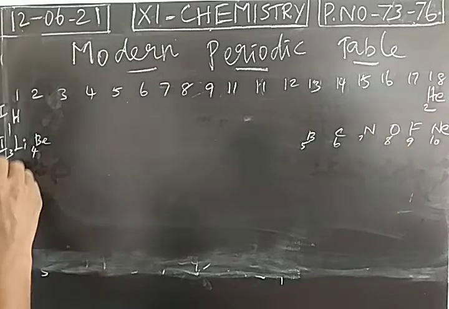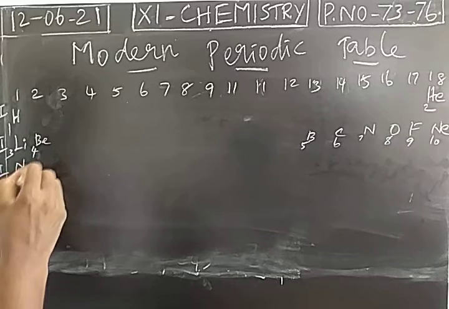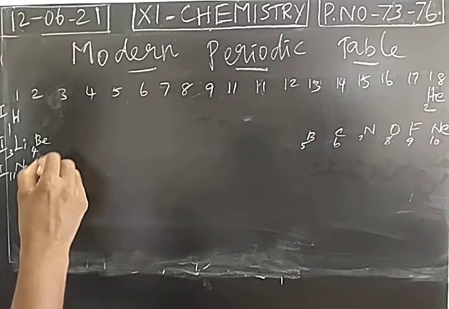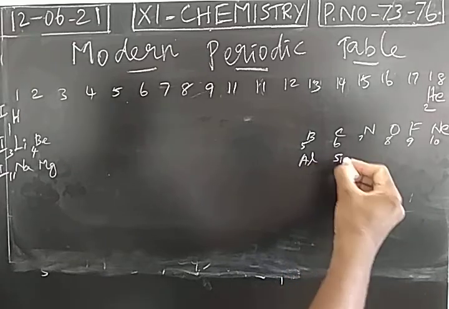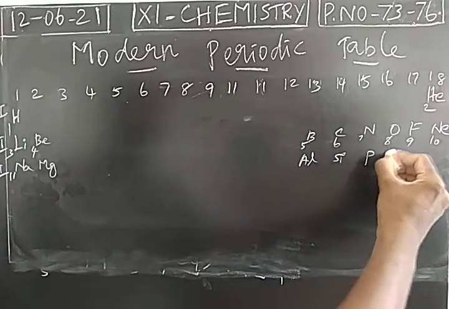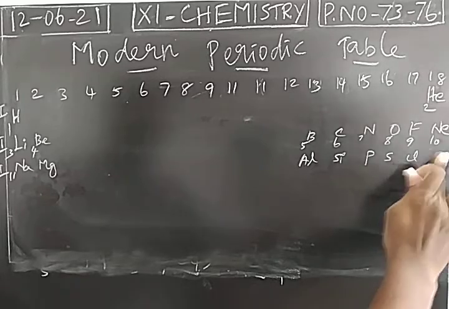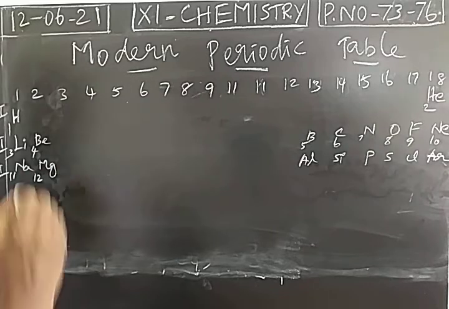Then the third period starts with sodium with atomic number 11. Here neon has atomic number 10, so sodium has atomic number 11. Then magnesium, aluminum, silicon, phosphorus, sulfur, chlorine, argon. So atomic number gradually increases.